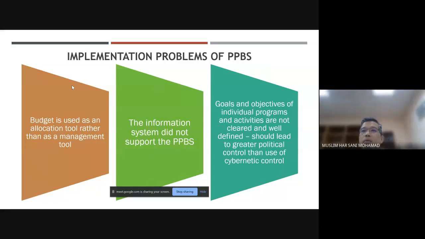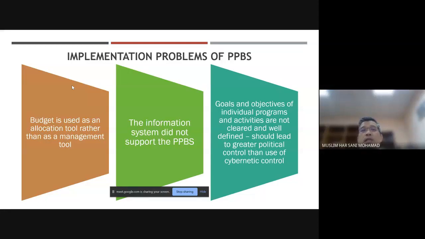Goals and objectives of the individual programs and activities are not clear and well defined. Should lead to greater political control and the use of cybernetic control. I think these are comments, some of which we took from the audit reports or from the treasury. So these are some of the common complaints or critiques against government organizations. Should lead to greater political control.